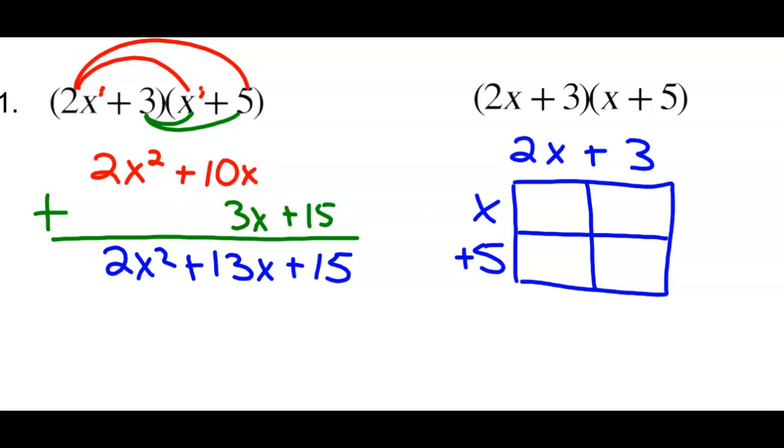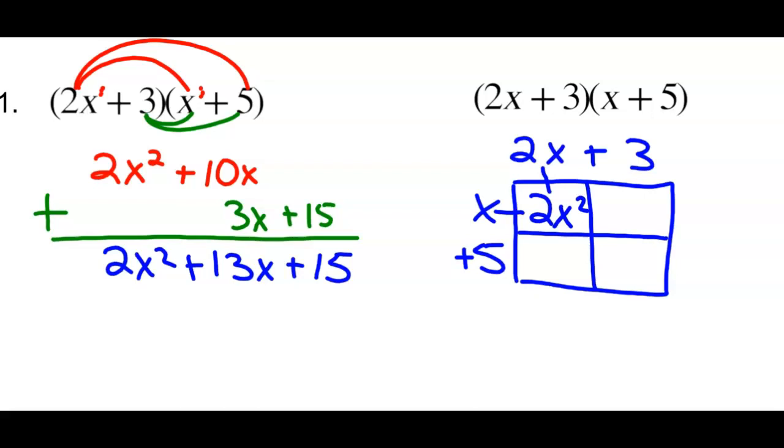Okay? So now, what I want to do is multiply this times this. So 2x times x is what? 2x squared. The answer to that problem goes inside. There was 2x squared over here too, right? We're going to use this box method later on in the chapter, but it doesn't mean that this is the one you have to do. How am I going to get this?